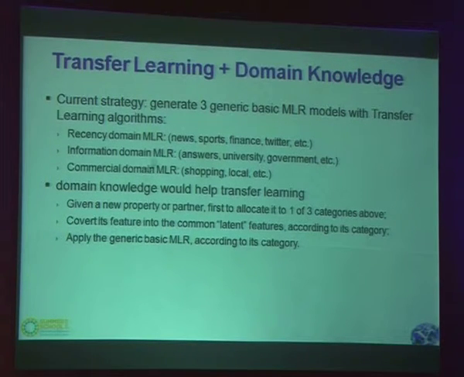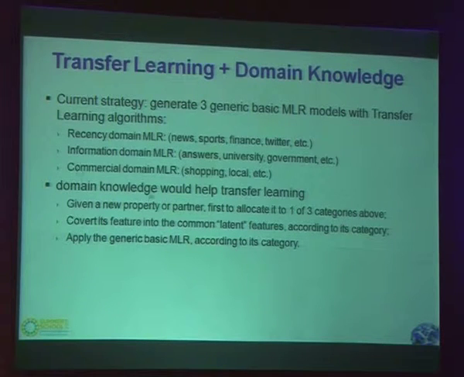For example, for news, sports, finance, and Twitter, they are all fresh, sensitive, recently related. So the different tasks within the same category are transferable. And for answers like government search, university search, they are not related to time sensitiveness, so they are transferable.